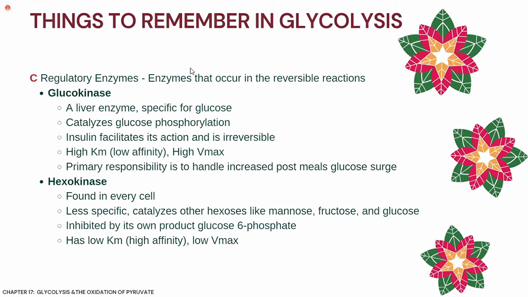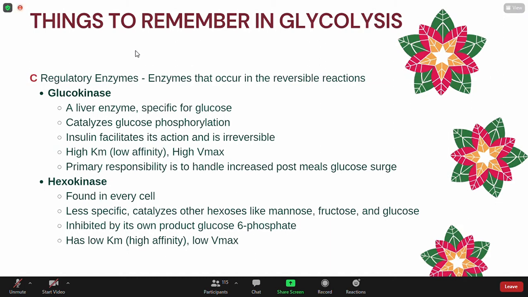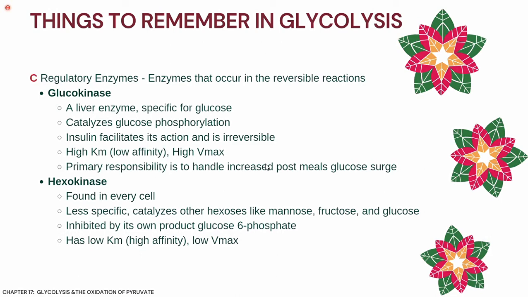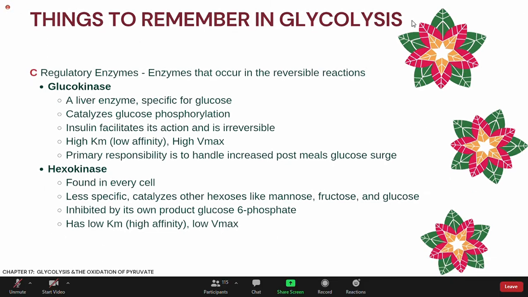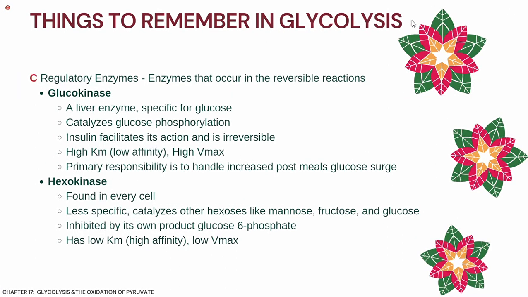So after eating and digesting the food that you have taken in, if it has sugar or carbohydrates, it's turned into glucose. The glucose is then very high in concentration in the portal vein, which goes directly to the liver.